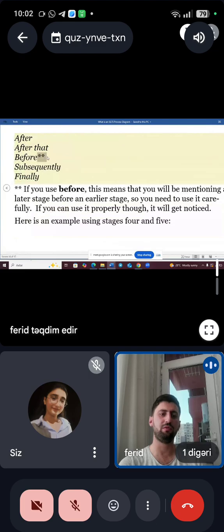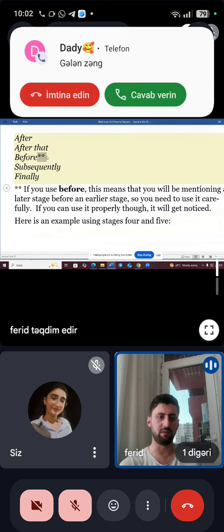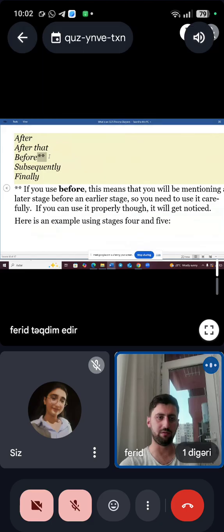Before is written with an asterisk, and I'll explain what this is, and subsequently and finally. If you use before, it means you will be mentioning a later stage before an earlier stage.